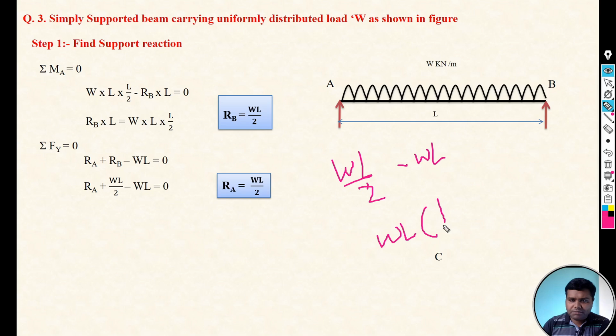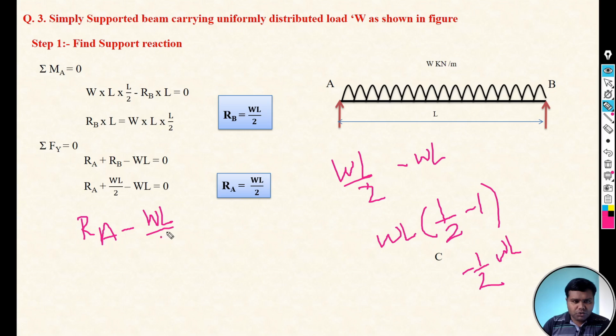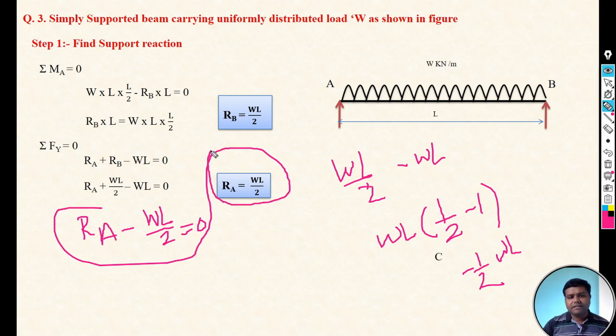The remaining term is 1 by 2 minus 1, which is minus 1 by 2, into WL. So the equation is Ra minus WL by 2 is equal to 0. Now take this term to the right side, so we get Ra is equal to WL by 2.